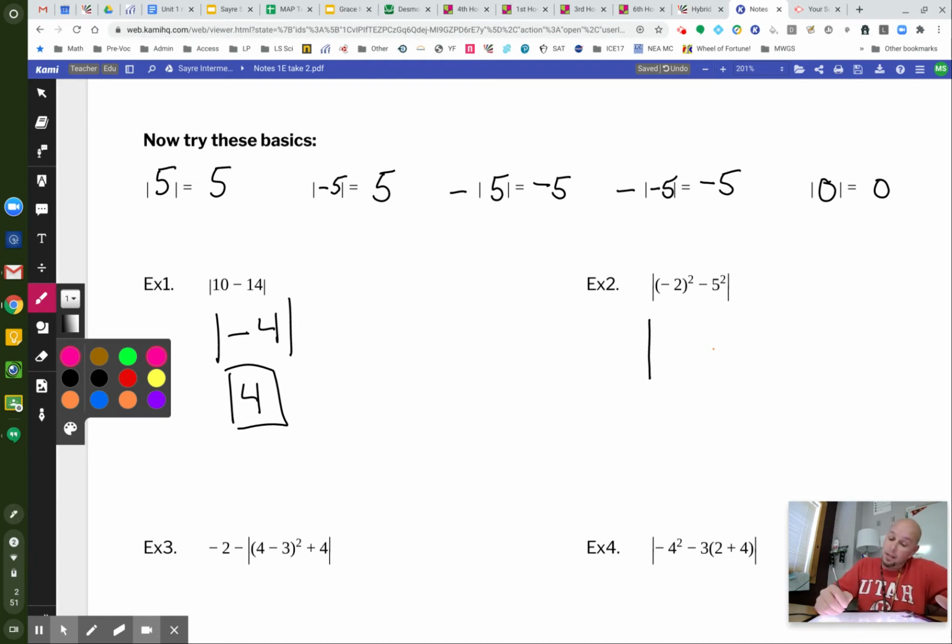And that's because that's the same as negative 2 times negative 2. So I'm going to get a positive 4. All right. And now this one right here, I'm going to do 5 squared, but then I'm going to take the opposite. So 5 squared, which is 5 times 5, is positive 25. But the opposite of positive 25 is negative 25.